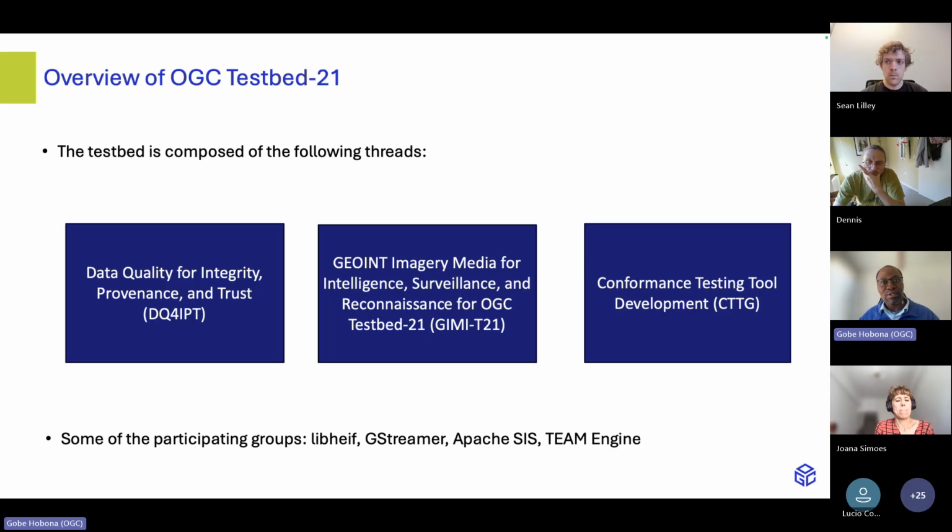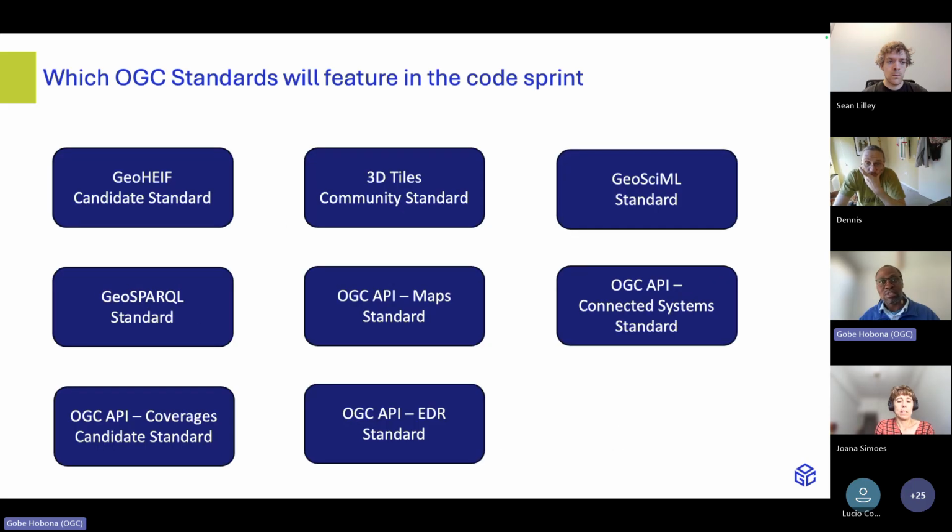One of which is libheif, the other one GStreamer, the other one Apache SIS, and finally Team Engine. So there will be a lot of opportunity during the Code Sprint to interact with the maintainers of these initiatives. So which groups are going to be participating? You can see the standards listed here.